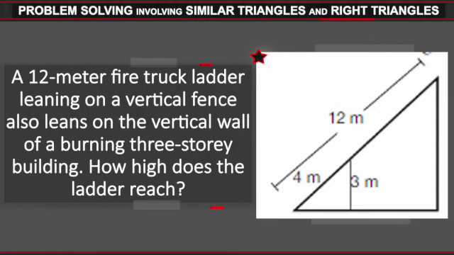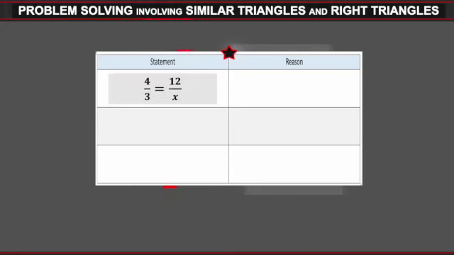Now, how do we solve this? We start, of course, with the given. We have the bigger triangle, which is 12, then we have 4 and 3. So 4 over 3 equals 12 over x. The x is the missing value that we are looking for. That's given.